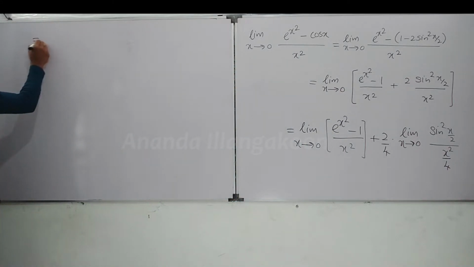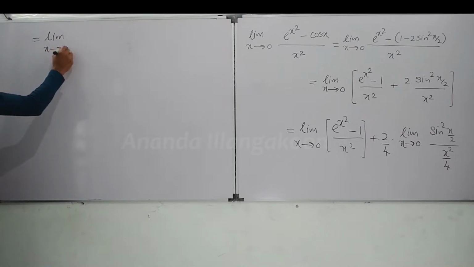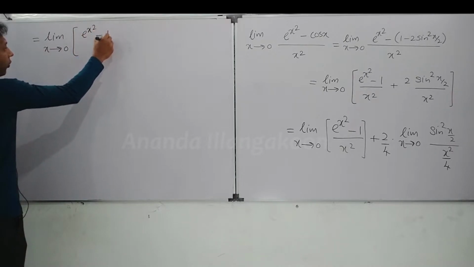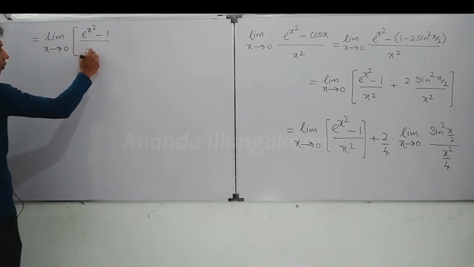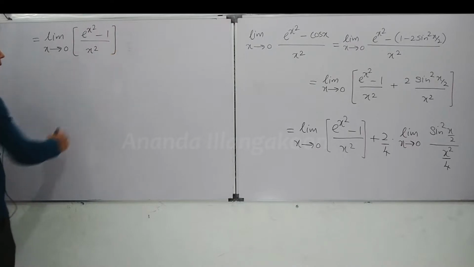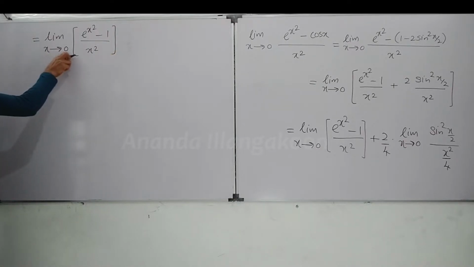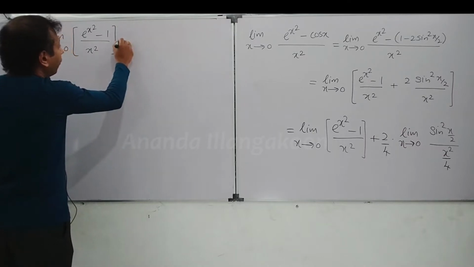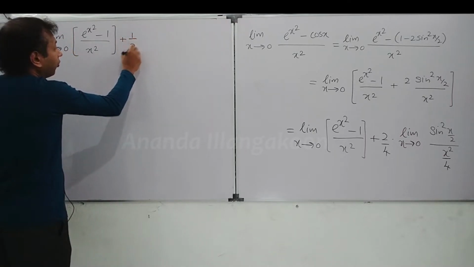Now I write that here, limit x going to 0, (e^(x squared) minus 1) divided by x squared. You know, as x going to 0, its perfect square also going to 0, so therefore I can write here x squared going to 0, right? And that 2 by 4 is half.